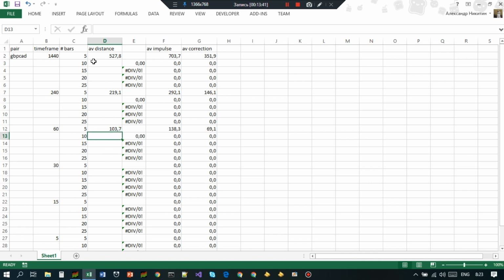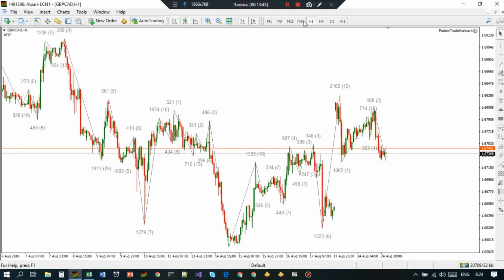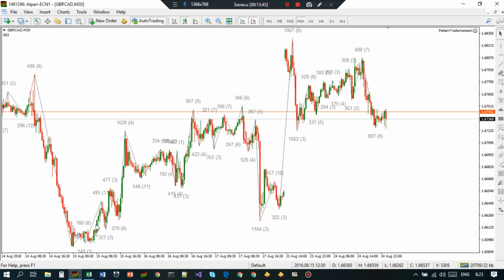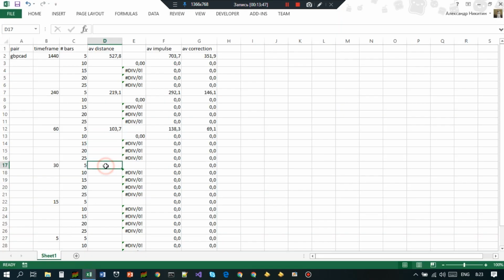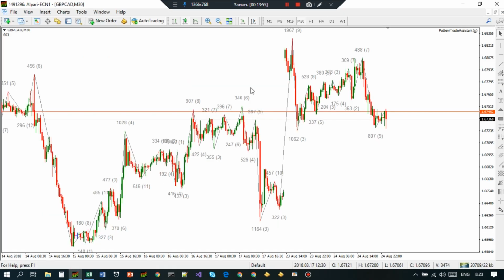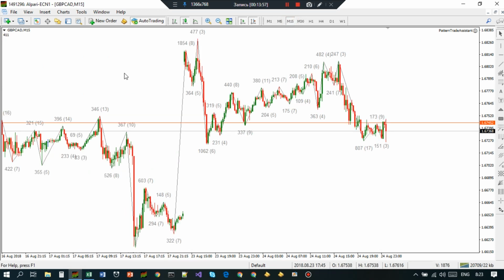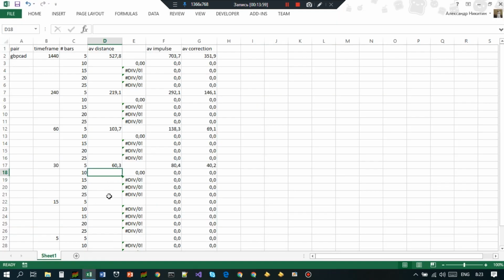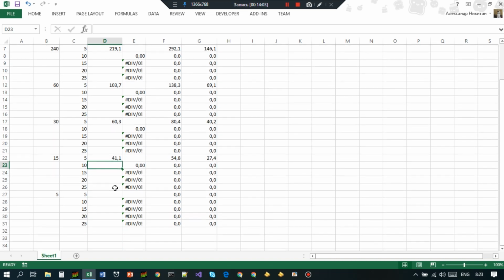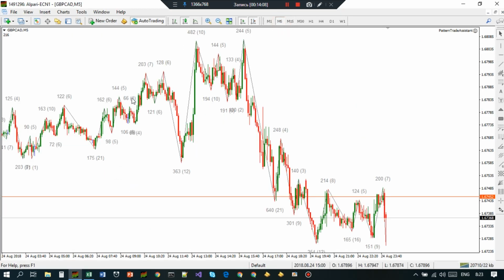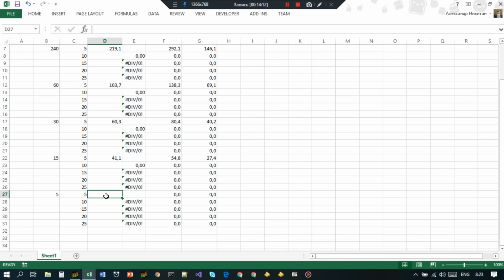If you use this algorithm of 5 period, 30 minute gives us 60.3. Then we go to 15 minute, it gives us 41.1. Then if we go to 5 minute, it gives us 21.6.